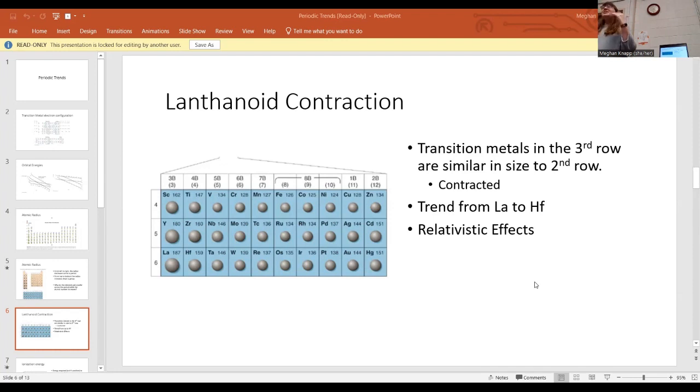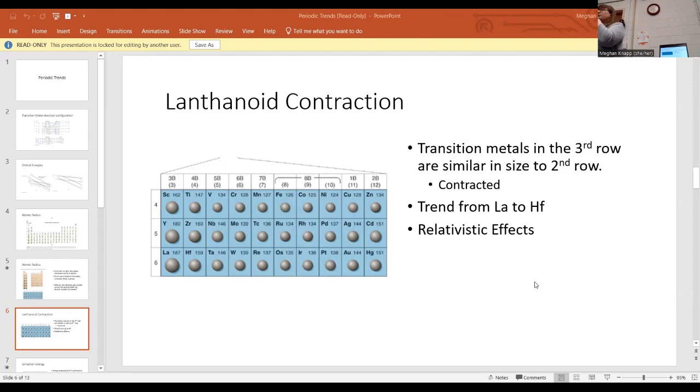The other thing that we see is that the size, the extent to which the atoms go outward, is more reliant on the principal quantum number, the n. So whether it is a 6 or a 5 or a 4.